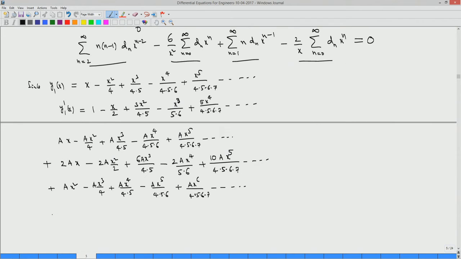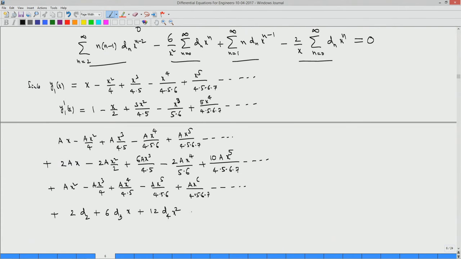So if you write that, you will get this series. If you write n equal to 2, you will get 2 d2, that's x to the 0. Plus n equal to 3, 6 d3 x, plus n equal to 4, 12 d4 x square.